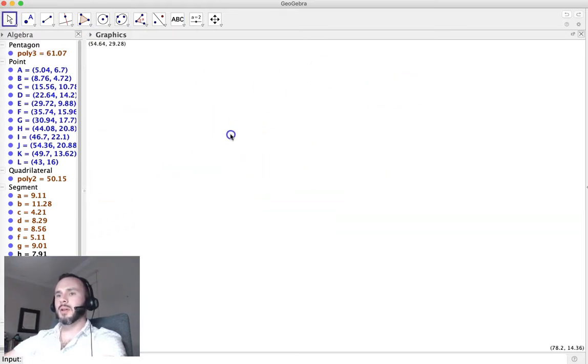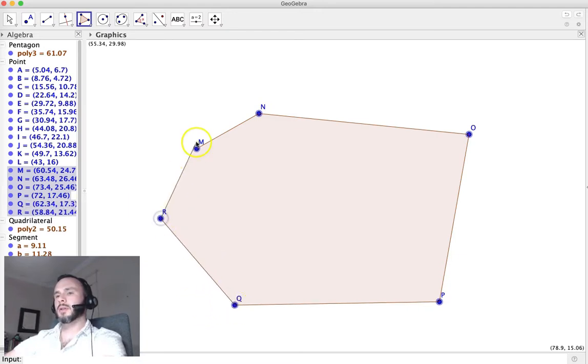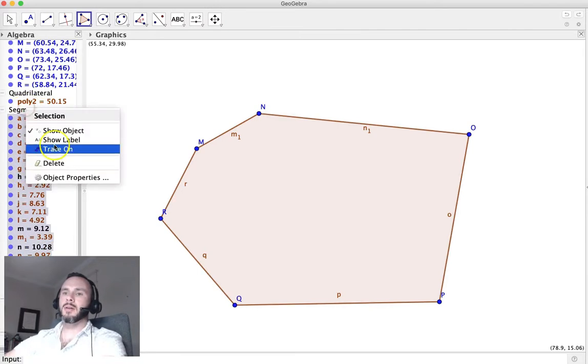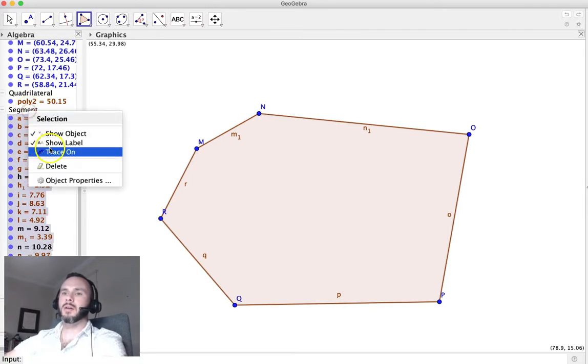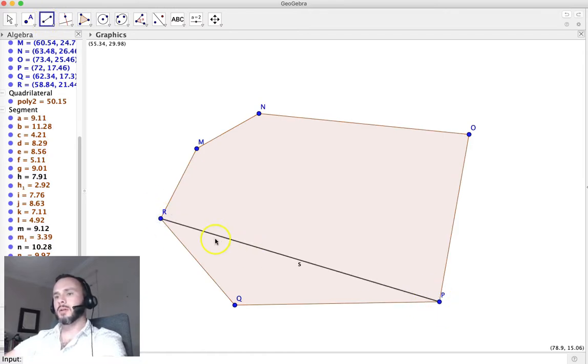So you're probably starting to get the picture where we're going with this, but let's do another one. Next, 6 sides. 1, 2, 3, 4, 5, 6. So there is a hexagon, and I can divide this up into 1, 2, 3.